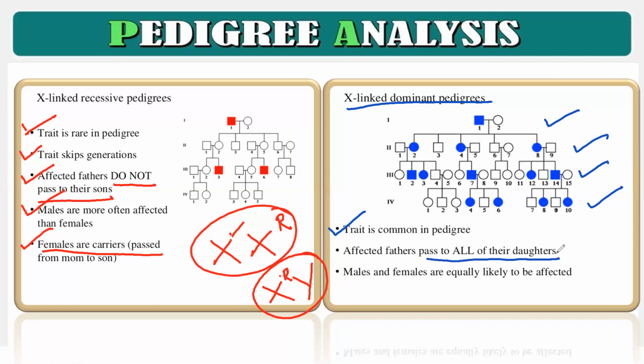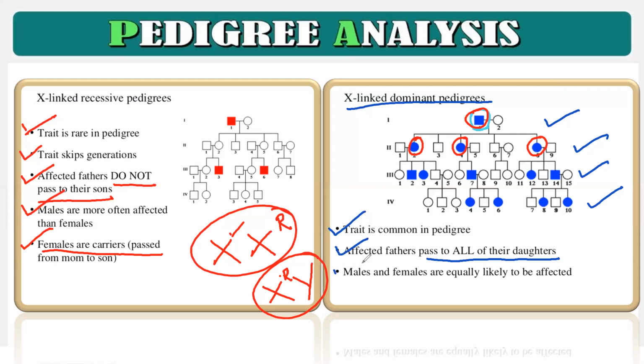Here you can see it very well explained. If the father is affected, he passes it to the daughters. All the daughters are affected because it is dominant, right? So affected fathers pass it to all the daughters.